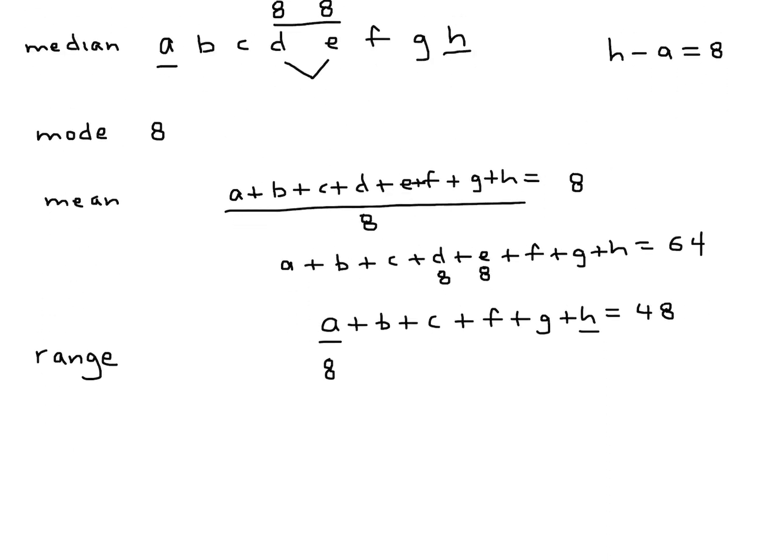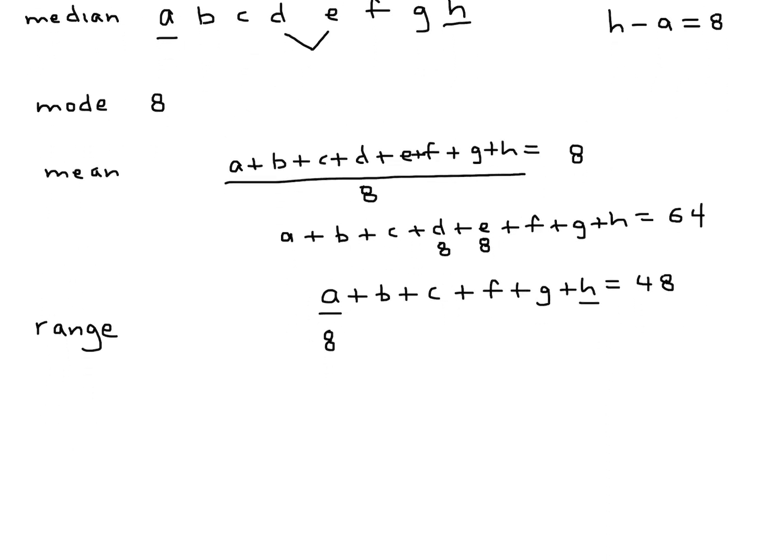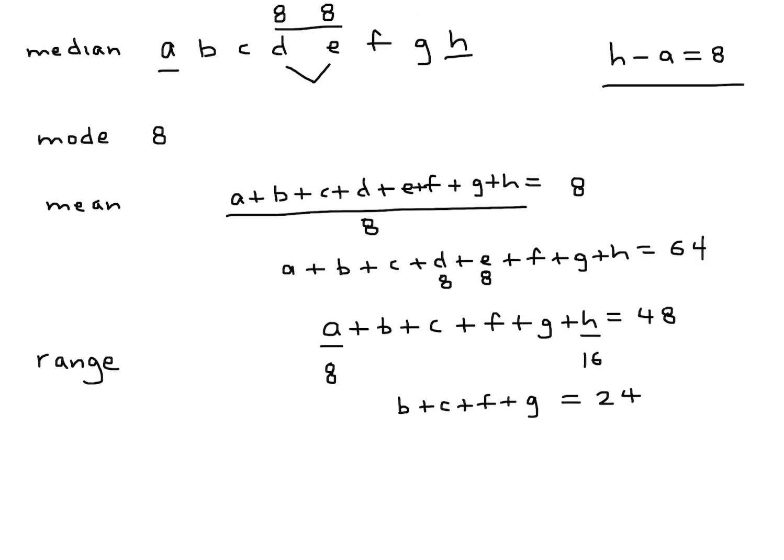So let's see what we get. If A is 8, H has to be, look up here, 8 more, right? So it has to be 16. So therefore, B plus C plus F plus G has to be 48 minus 8 minus 16, which is 24. So can we get 4 of these equal to 24 and maintain this order up here?